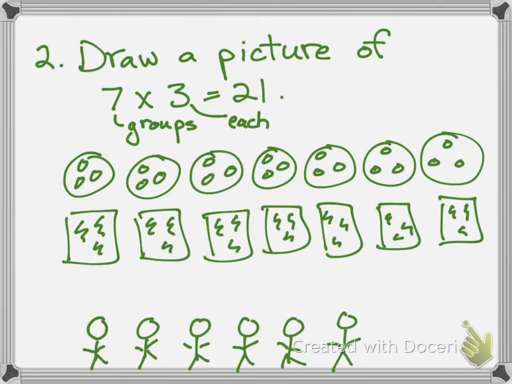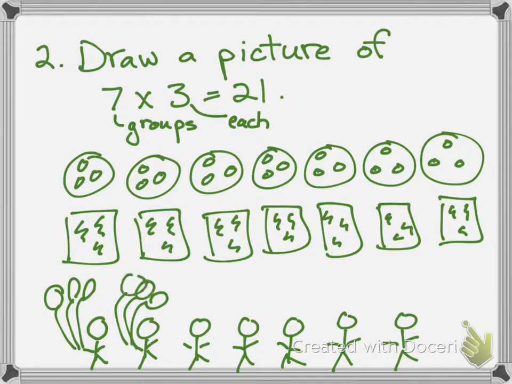Is that right? 1, 2, 3, 4, 5, 6, 7. Okay, I've got 7 people, and each one of them is going to be holding 3 balloons. So the person is the group because the person is holding 3 objects. Okay?